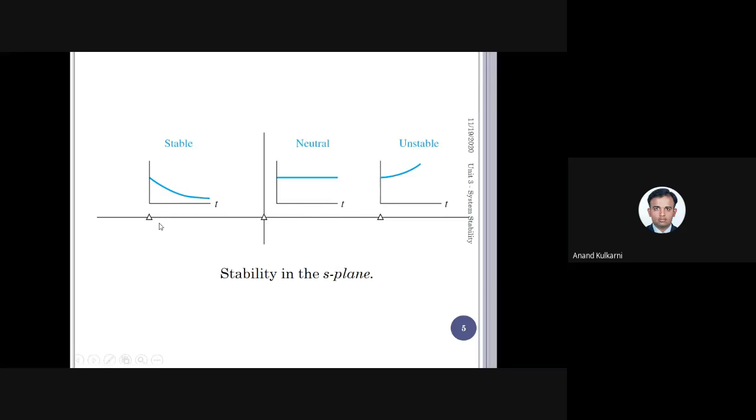Now you can see the time response analysis. If you see the graph of a stable system, it starts somewhere and comes back to 0. This is a stable system. Here you can see the neutral system, more commonly called a limitedly stable system. Whatever input is given, it will stay at that input throughout. Neither will it increase nor decrease.